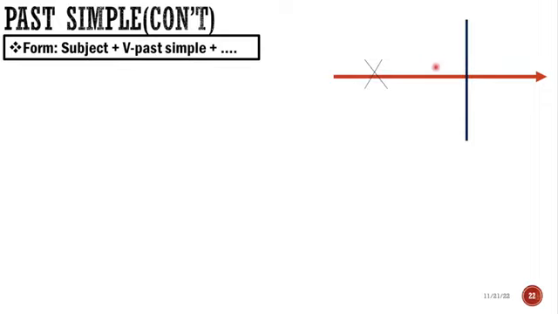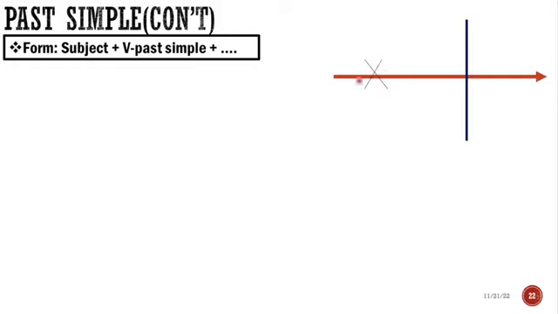What is the past simple? The past simple is used to indicate that an activity or situation began and ended at particular times in the past. You can see this is the activity, right?